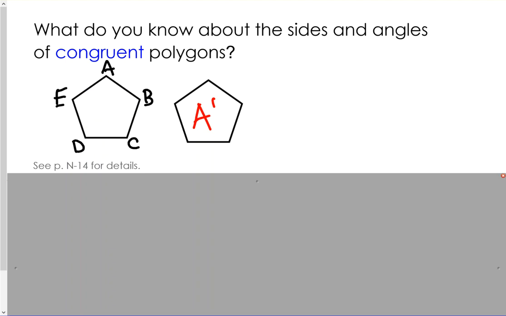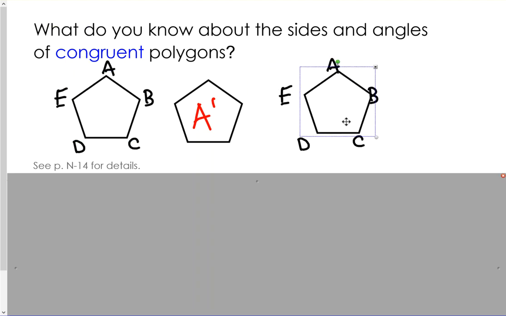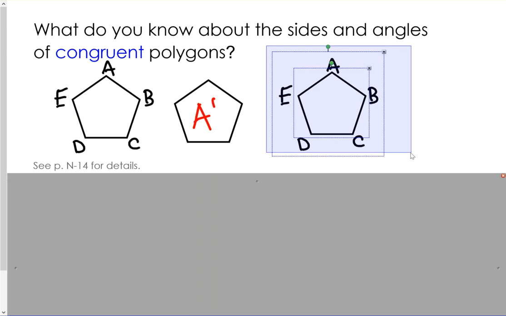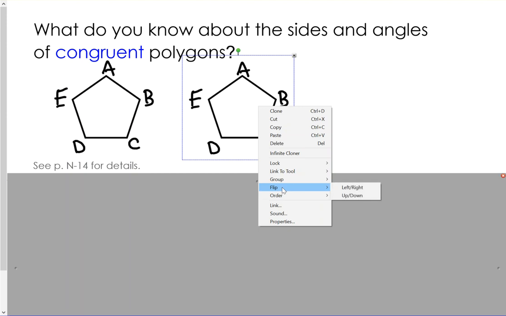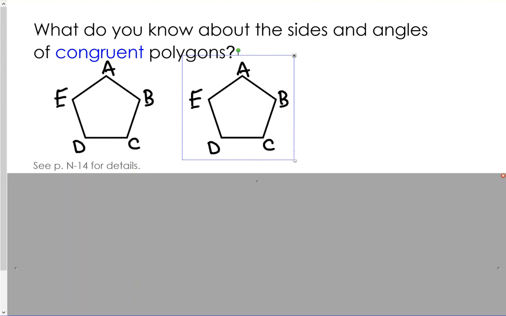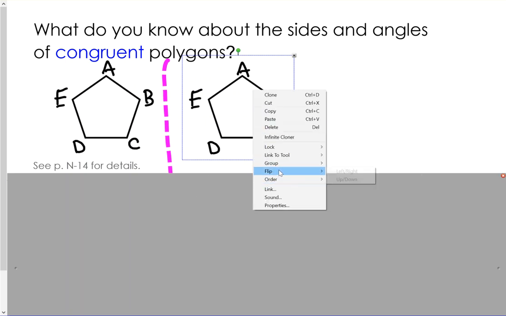Now, let's perform a reflection of this polygon. You will notice if I reflect or flip the polygon through a vertical mirror line, like this, the vertices will change order.